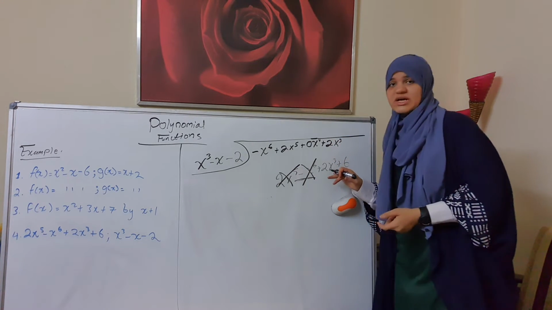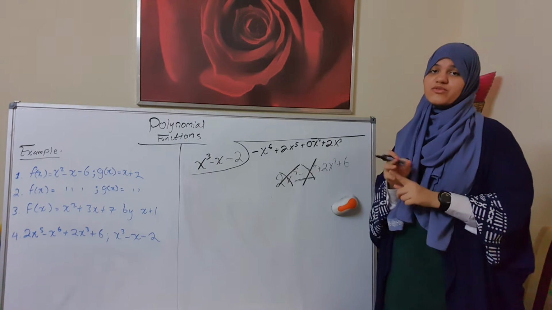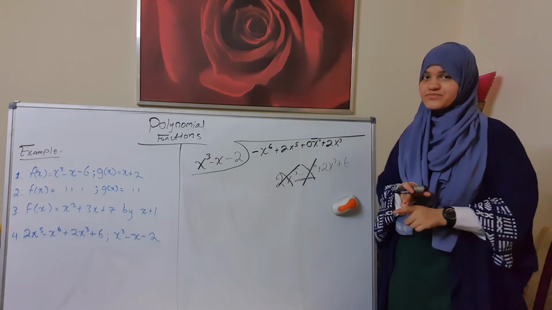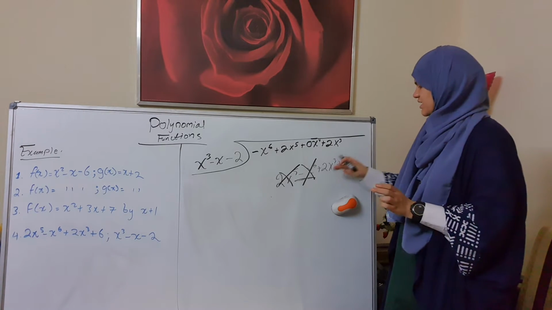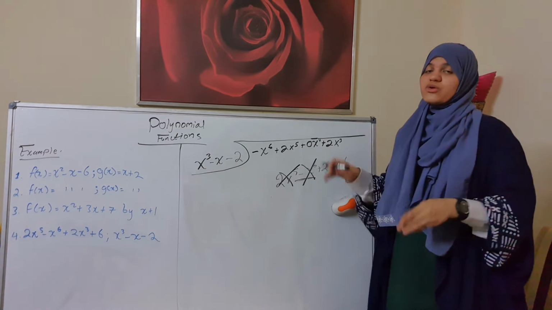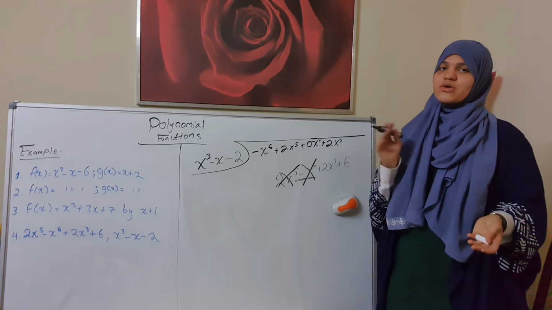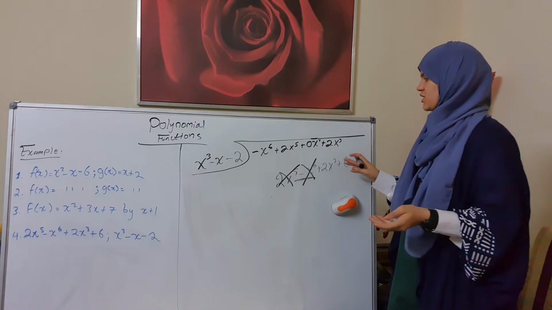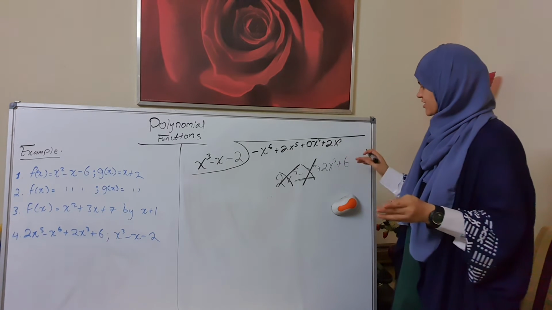But because we don't have x to the power of 2 or x to the power of 1, we'll write what? Or directly we can say plus 6, or you can add 0x to the power of 2 and 0x to the power of 1. I'll make it directly plus 6, because there is no place here.